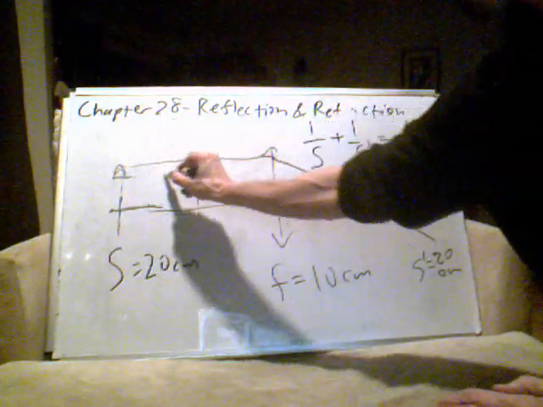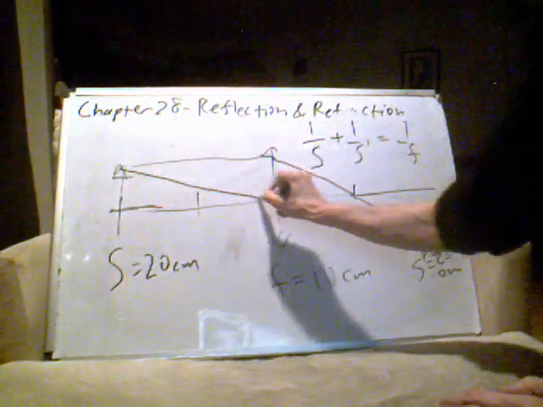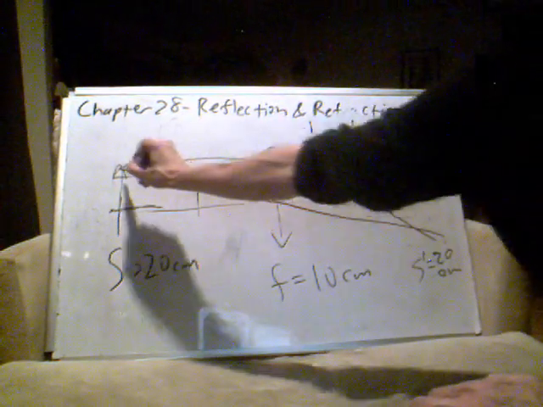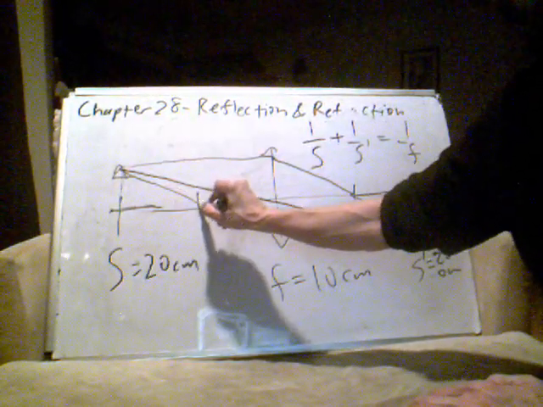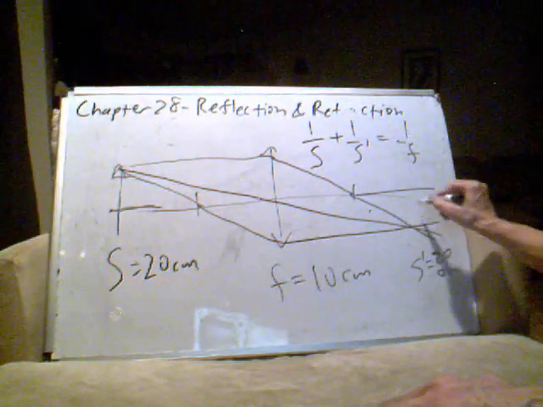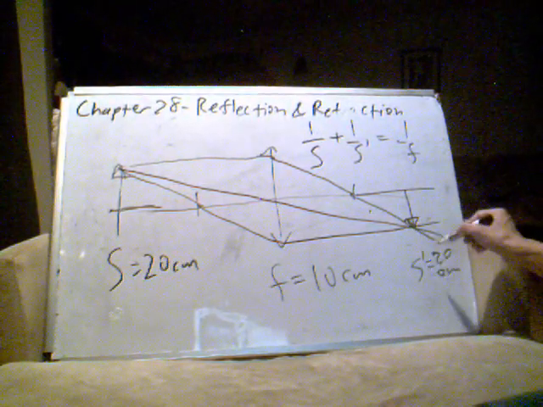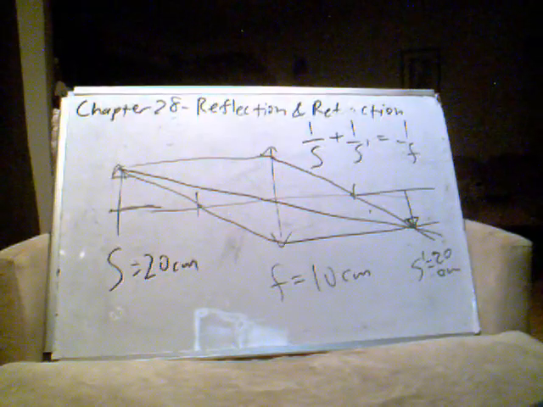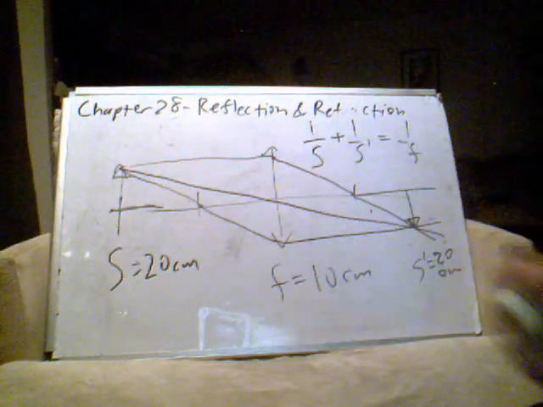This one will go straight through the middle, undeviated. This one will go through the focal point and then hit the lens and come out parallel to the optical axis. And these three should all meet right here where the image of this object is going to be.